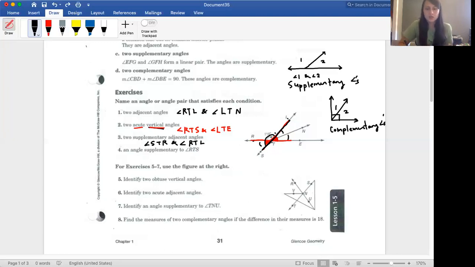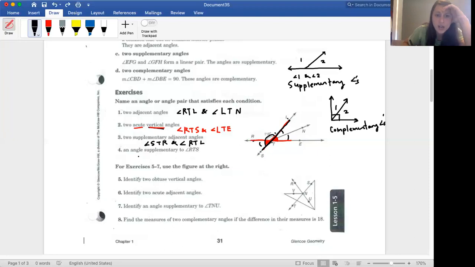And then number 4, an angle supplementary to RTS. So this means that when you add this other angle to RTS, it will equal 180 degrees. Well, I don't know the other measurements of the other angles, and so I really can't guarantee that it would be adding up to 180 unless when I look at it, it makes a linear pair.